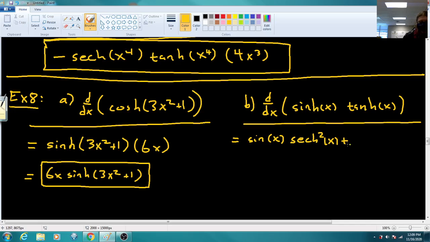Plus, now we take the derivative of hyperbolic sine, which is hyperbolic cosine. And we leave the hyperbolic tangent alone. I guess some of that stuff we could simplify, but I think we'll just leave it like this. So it's good enough.